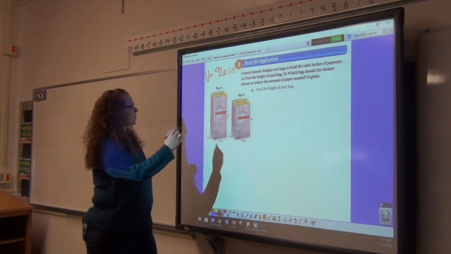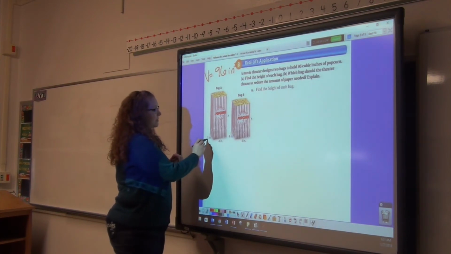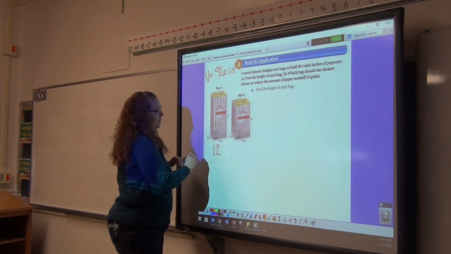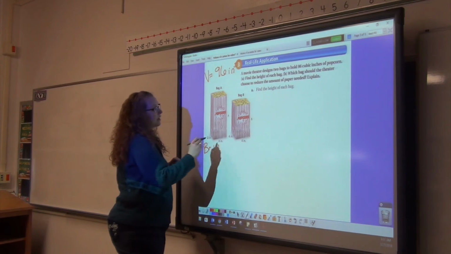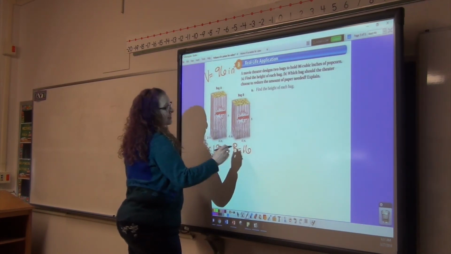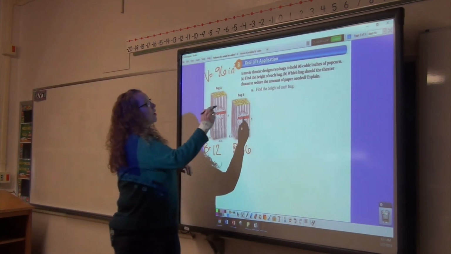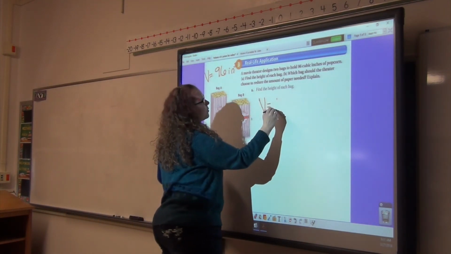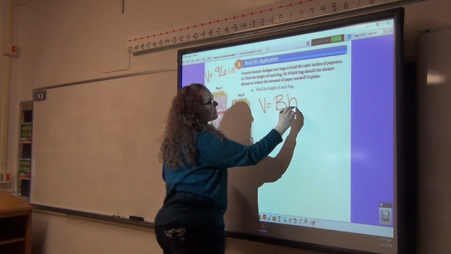Therefore, what we're going to do is, we know that the base of this bag is 3 times 4, which is 12. That equals my base of this bag. The base of this bag is 4 times 4, which equals 16. We can take our equation, volume equals the area of the base times the height.